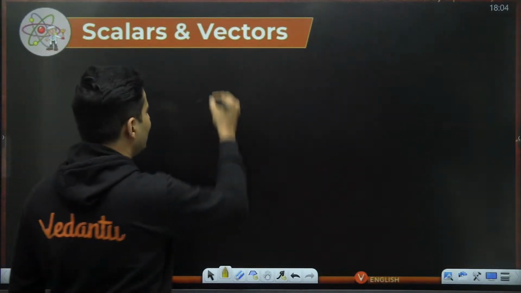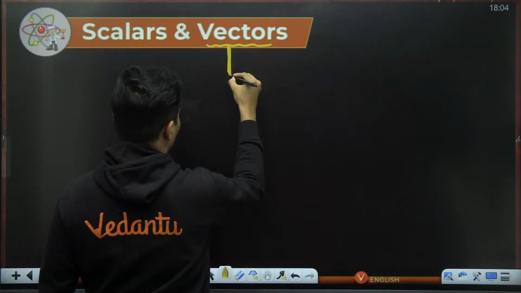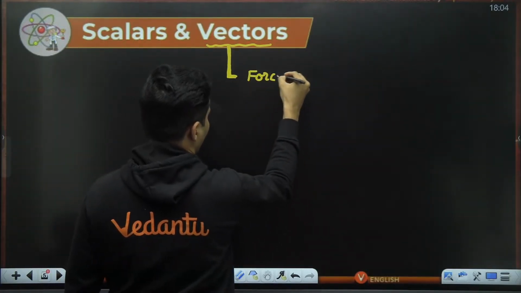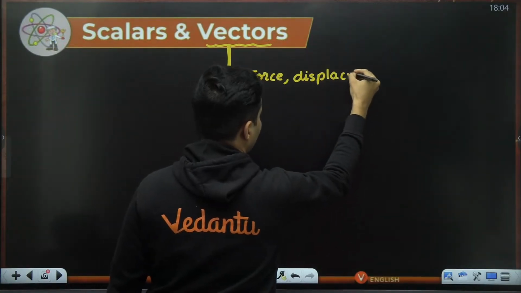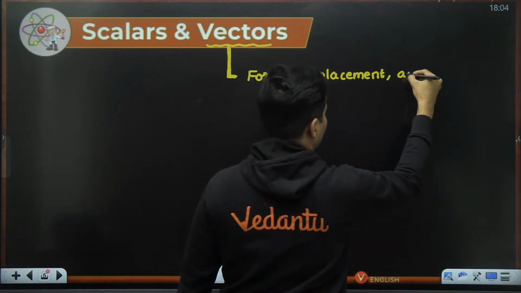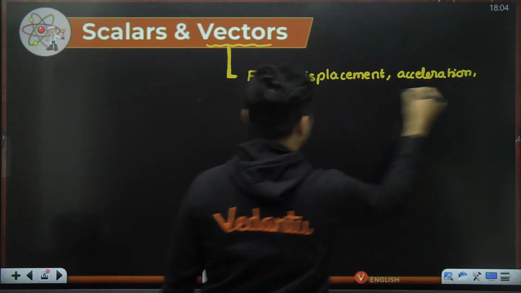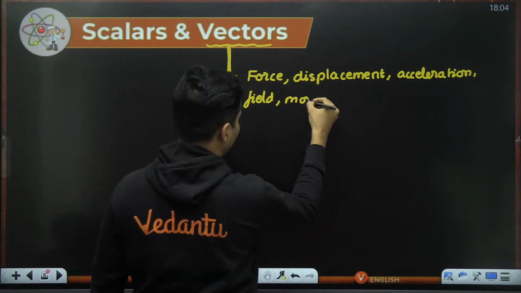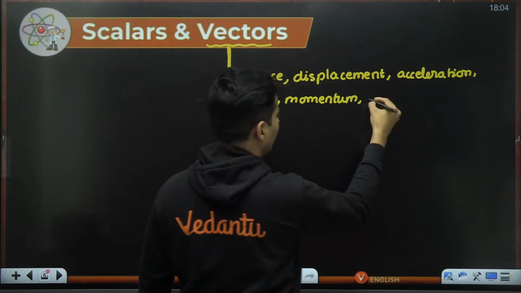So vectors are basically those quantities like, for example, force, displacement, acceleration, field, momentum, all these things are vector quantities.